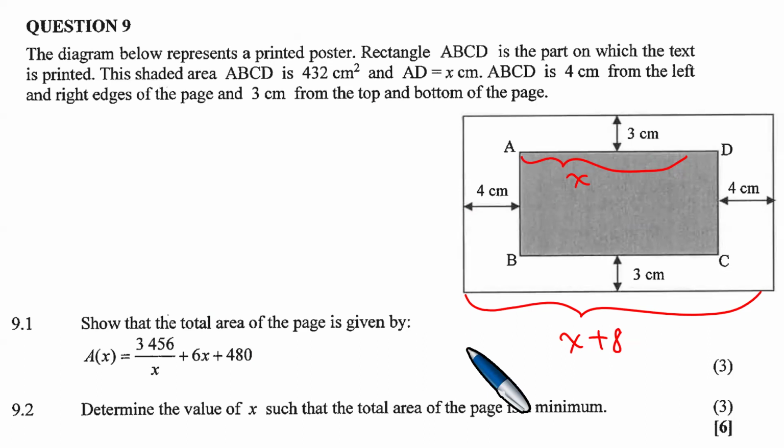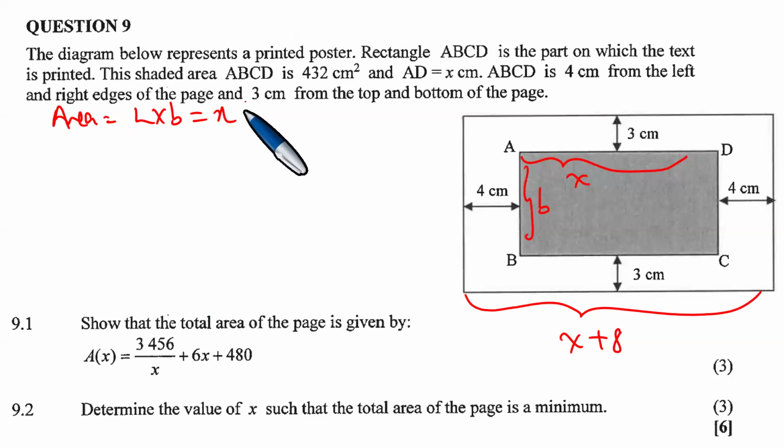Take note of that. Now this you can call the length, and this the breadth. Area is length times breadth, the length is X, the breadth is B. This shaded area is 432.